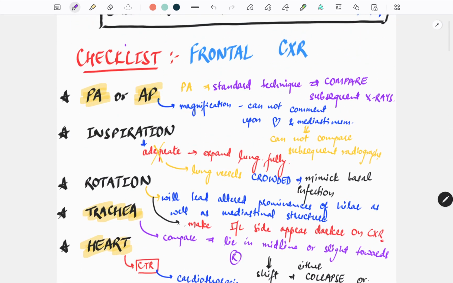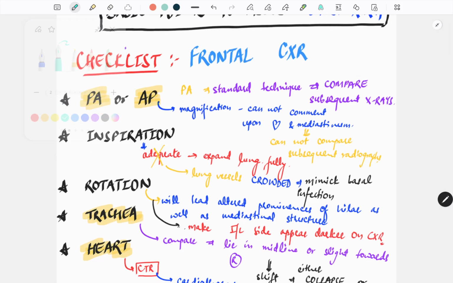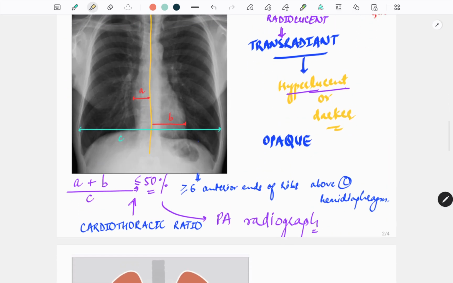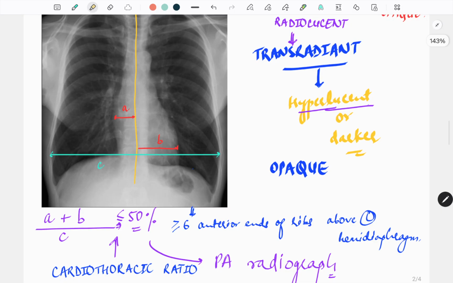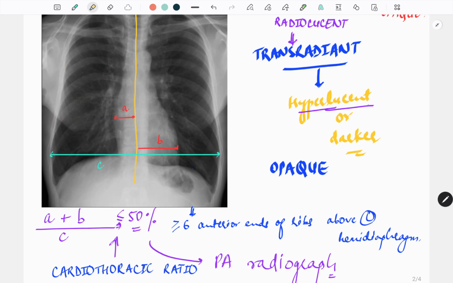Now we'll come to the next point, that is the diaphragm. As you can see, both the domes of the diaphragm should be clearly visible.